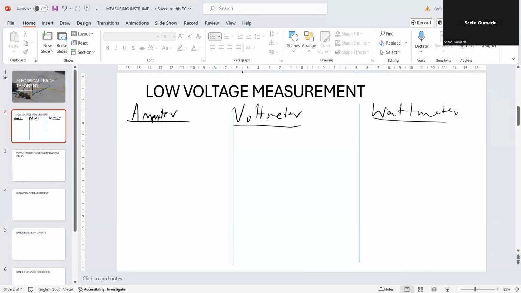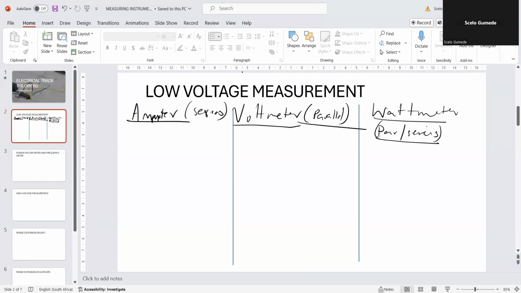Now, an ammeter, we know that it's connected in series. We know a voltmeter is in parallel. And we know that a wattmeter is both parallel and series. We're going to explain that when we get to it.